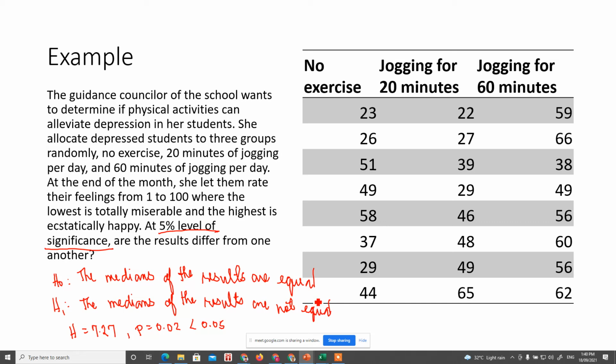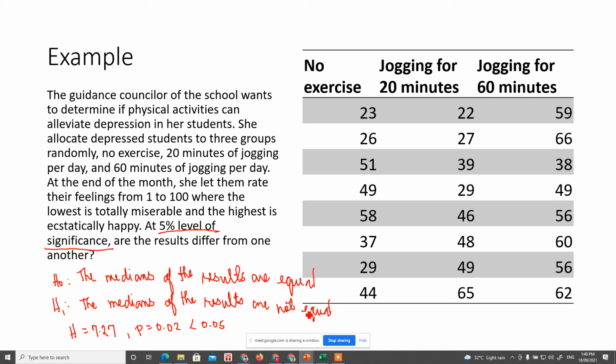So since we reject the null hypothesis, we could say that the medians of the results are not equal. The Kruskal Wallis test revealed that there was a significant effect of exercise on depression. Take note that jogging here is the form of exercise to alleviate the depression.